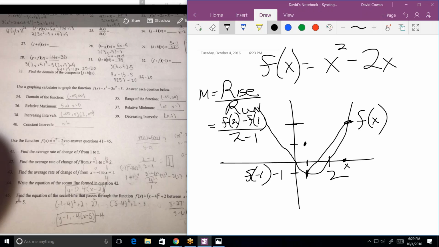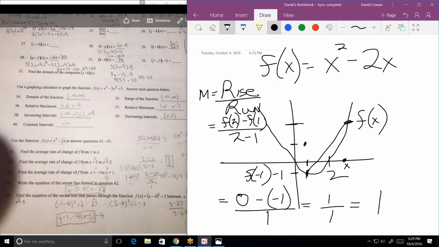Now we know that f of 2 is 0. So it's 0 minus f of 1. Well, f of 1 was minus 1. Make sure you don't drop negative signs. It's the easiest thing to do in math. 2 minus 1 is 1. So the average rate of change is 1 over 1. The slope is 1.